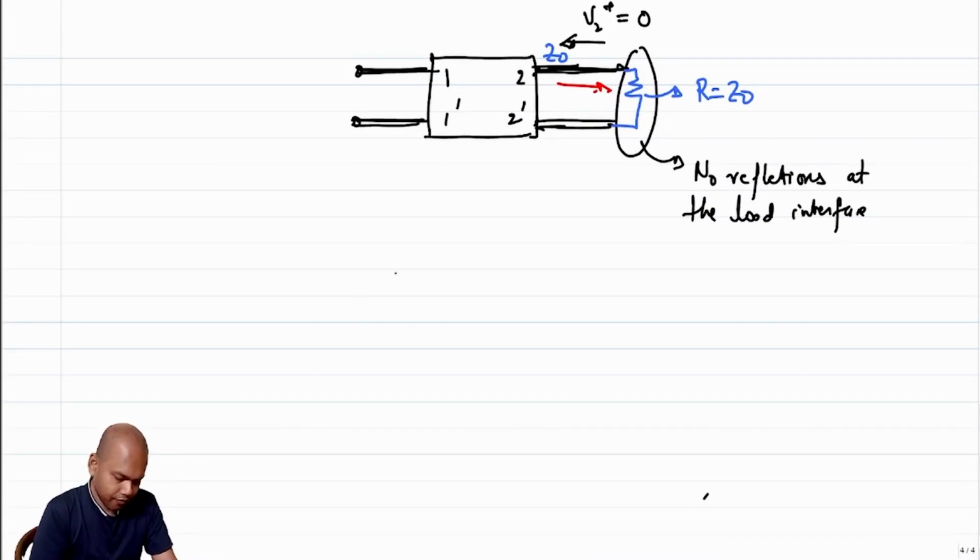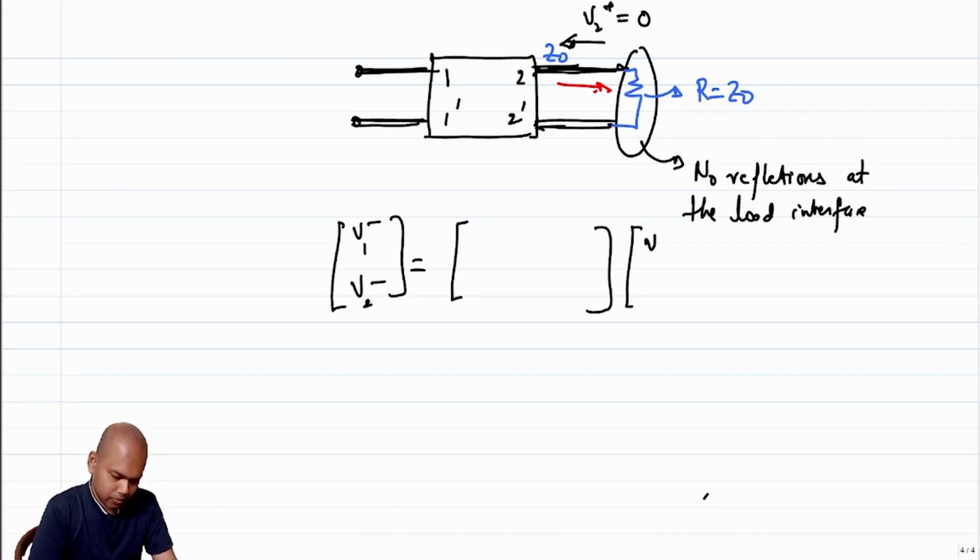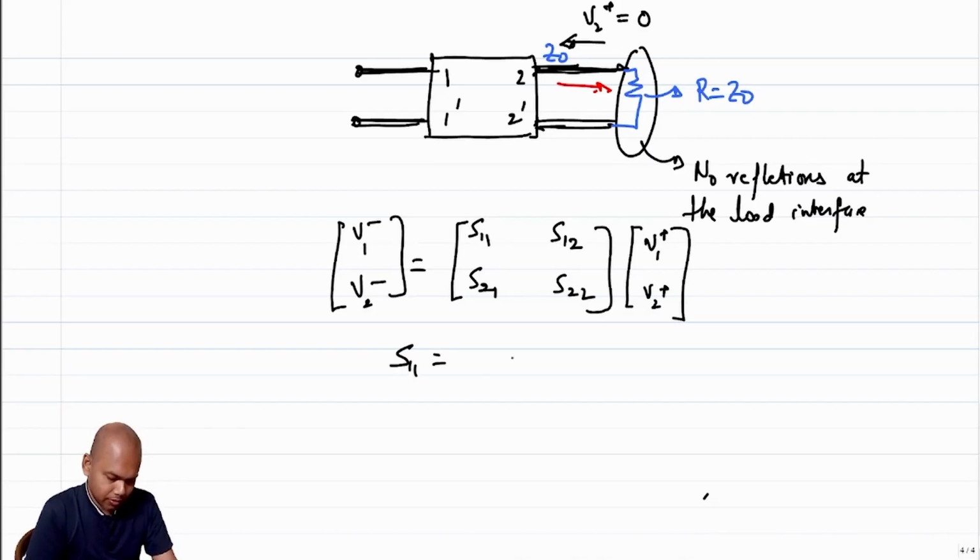So you have V2 minus equal to... so again, what is by definition S11? S11 is reflection at the input port when the output port is terminated with a 50 ohm load, right?